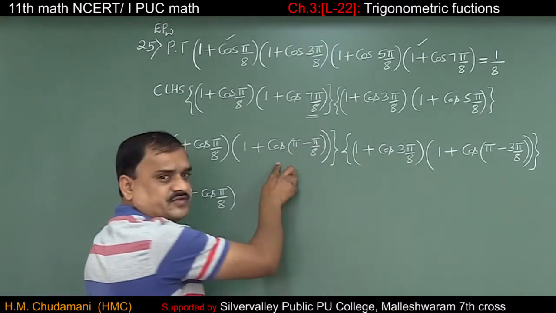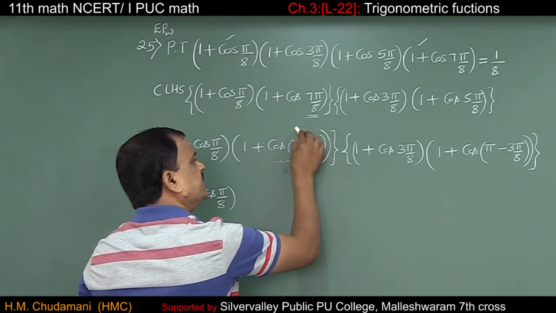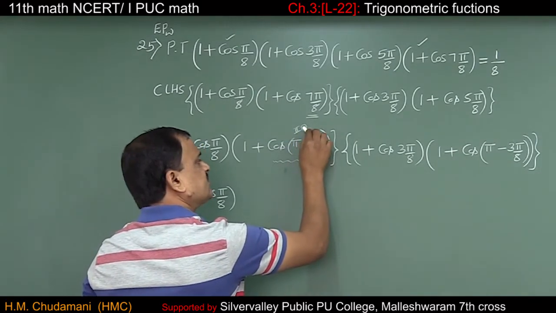See, this is of the form cos of 180 minus theta. 180 minus theta lies in the second quadrant.